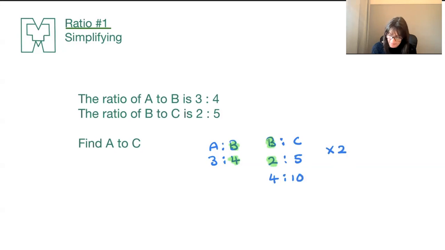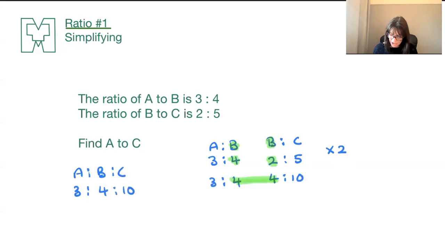And now I've got the matching. I've got 3:4 and 4:10. These B's are the same. So I know the ratio of A to B to C is 3 to 4 to 10.